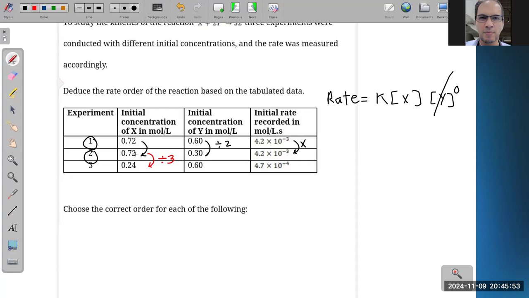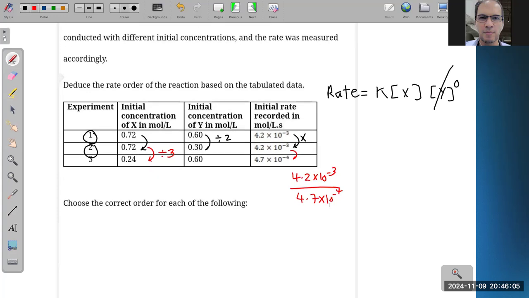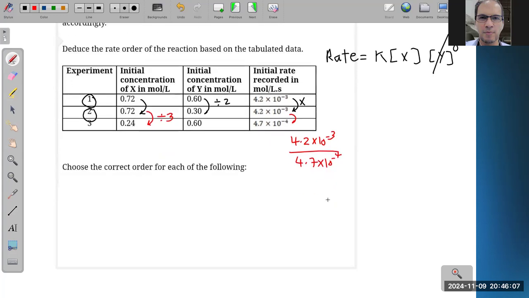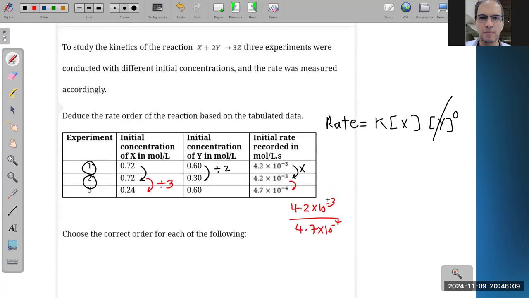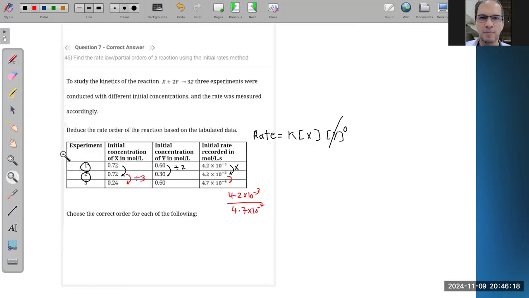Then I will see what happened when I change it 0.72, 0.24, what happens to the rate. So I will also divide 4.2 multiplied 10 to the power of -3 على 4.7 multiplied 10 to the power of -4. Can anybody see what happens when you divide this one by this one? It's 9.